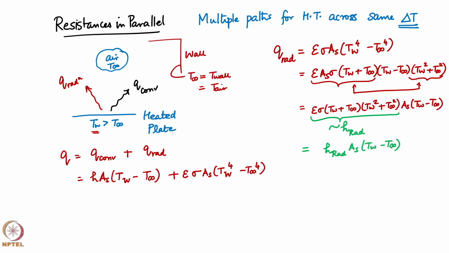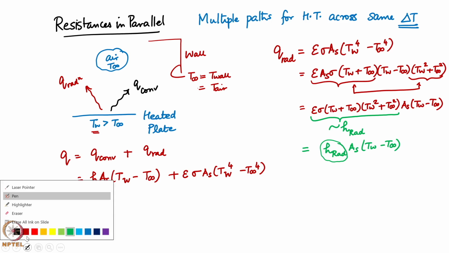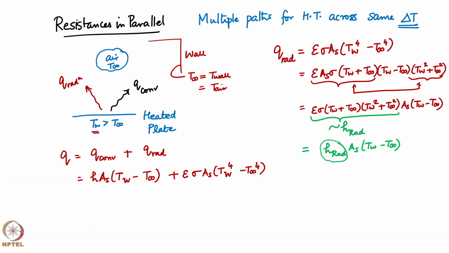Please note, this has no physical basis or anything. This is just a group of terms which have been created mathematically, so that the equation looks like my Newton's law of cooling. So, if I want to put this here, this is h A s (T wall minus T infinity) plus h radiation into A into (T wall minus T infinity), which is what?